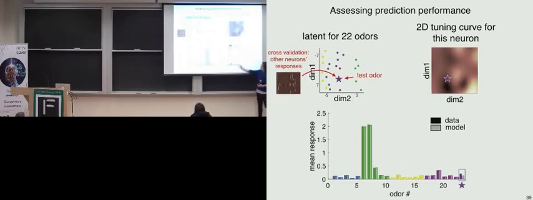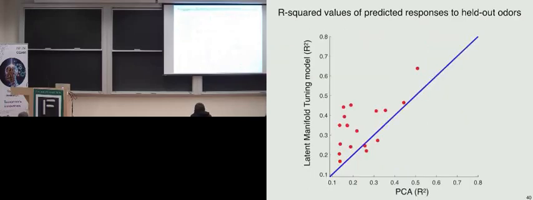You can compare these two values using an R-square value or whatever value to evaluate the predictive performance of our model. Okay, so we can do the same thing for all the odorants, for all the neurons, and we can plot these R-square values comparing PCA versus our latent manifold tuning model.